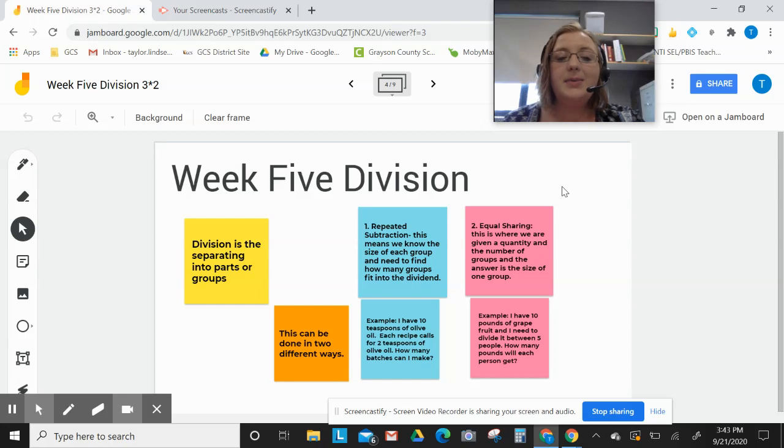So our second type of division is equal sharing. This is where we are given a quantity and the number of groups is the answer. We are given the total and we're given the number of groups, but we're not given how many is in each group.